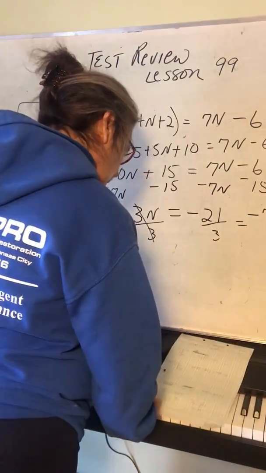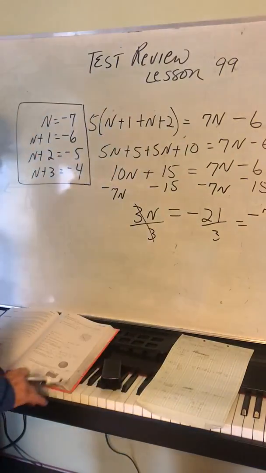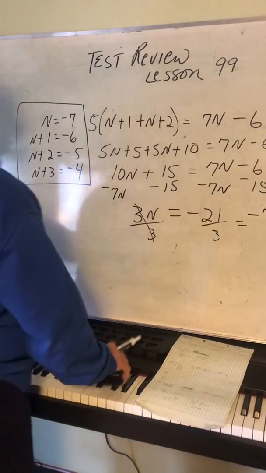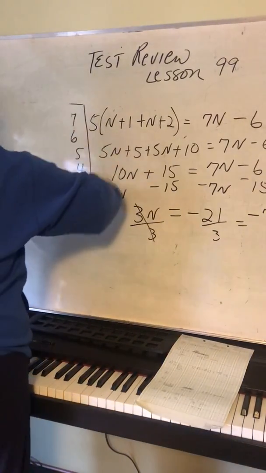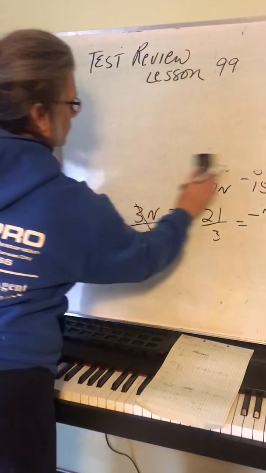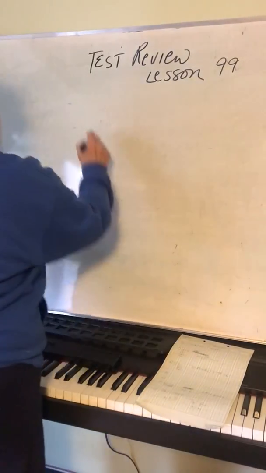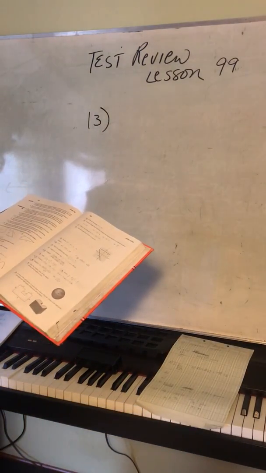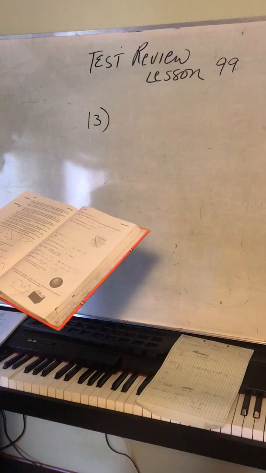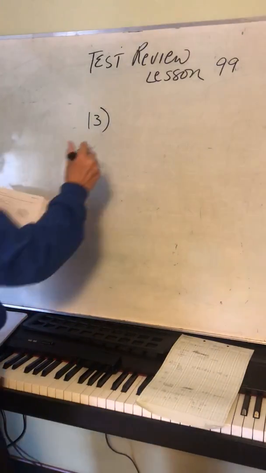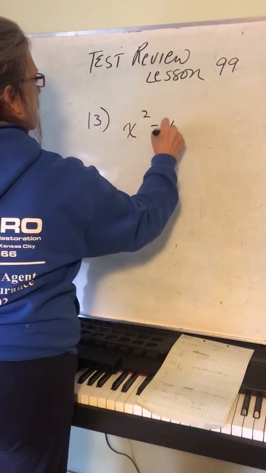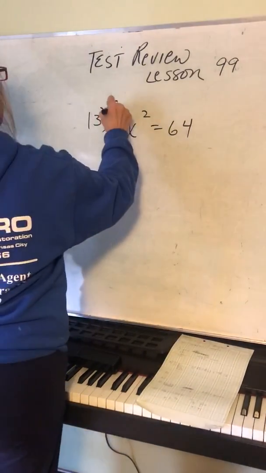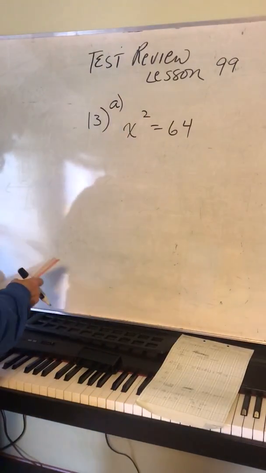Okay, the next problem we're going to do is number 13. And number 13 is the difference of two squares theorem to find the solutions. Okay, now I do this a little bit different than the book. So the first one, this is A that we're going to do, is like this.